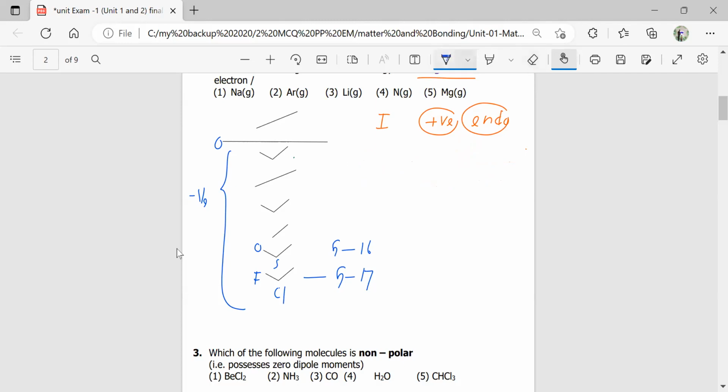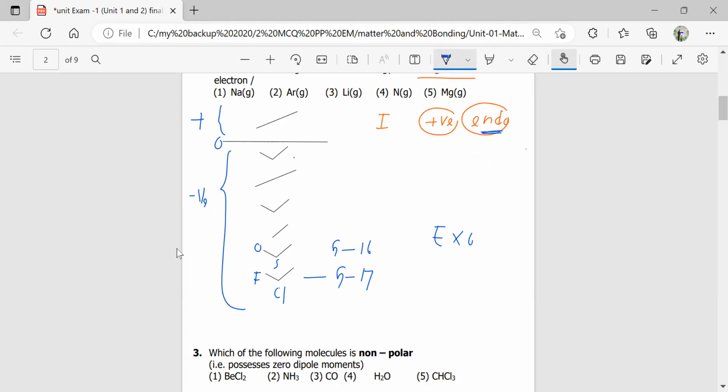These are actually non-metals. Here the energy is lost, meaning exothermic: energy is emitted during the process. Above zero, the values are positive, so we call that endothermic.